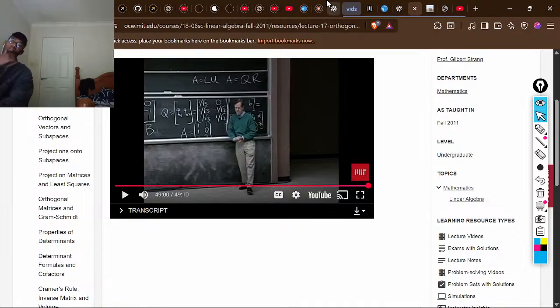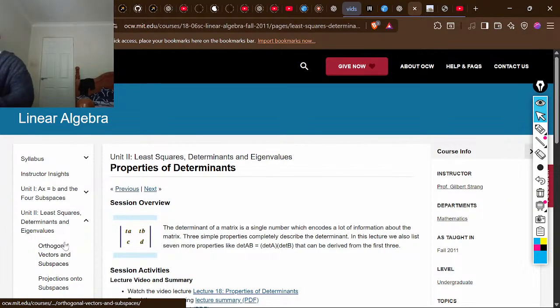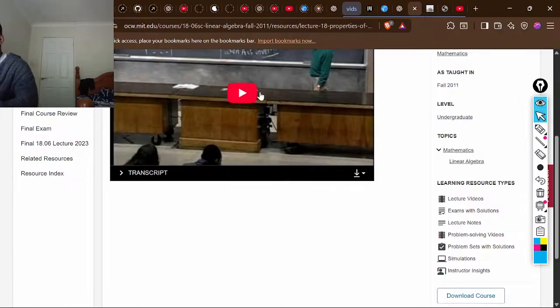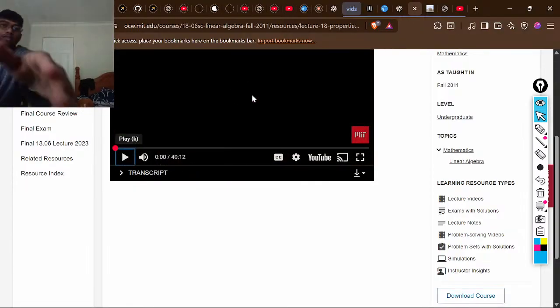Oh, I'm almost getting closer to doing this. I'm going to take a quick break though. Properties of determinants. Forgot what determinant is.